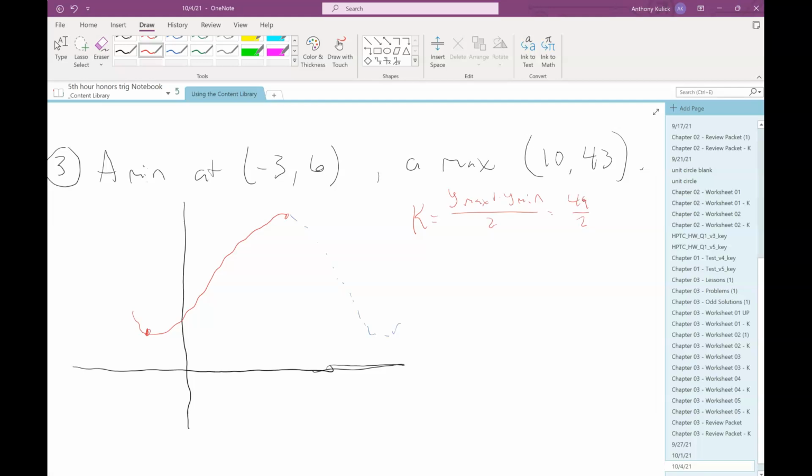Next, I'm going to find the amplitude. The amplitude is half the distance from the minimum up to the maximum. So that would be y max minus y min divided by 2.